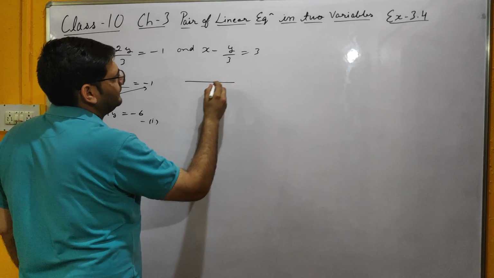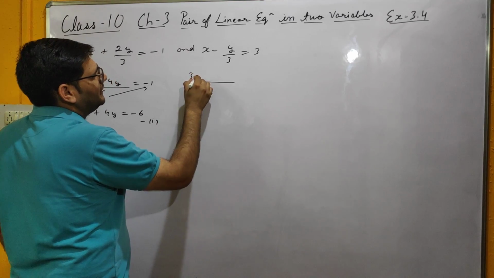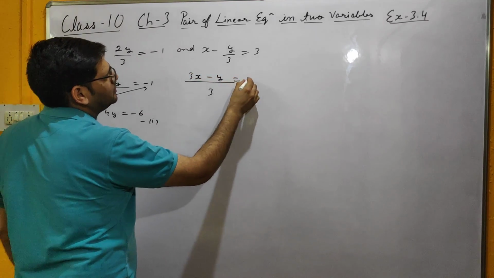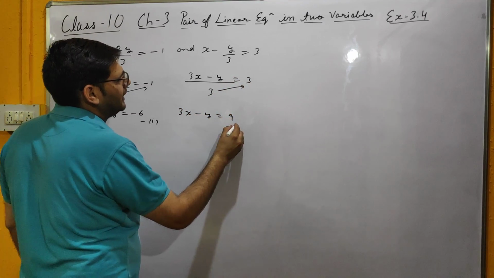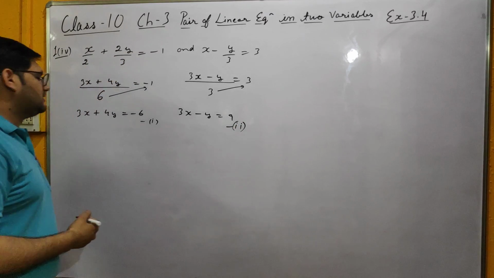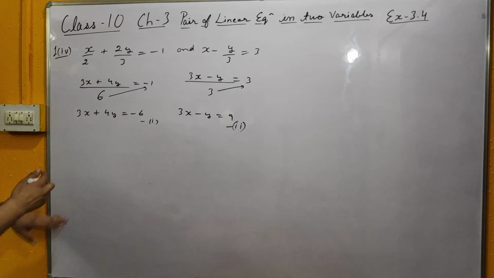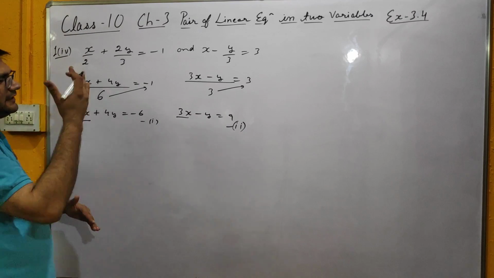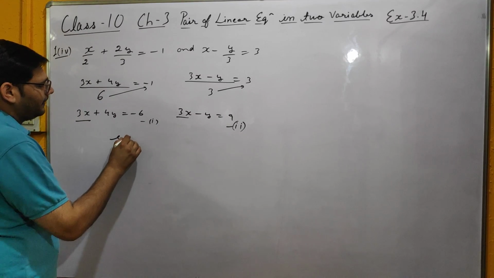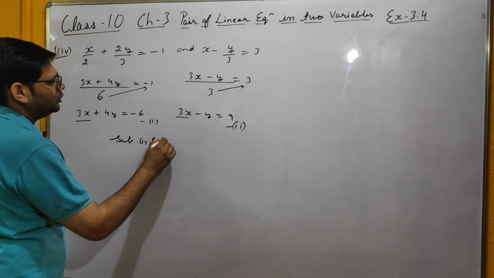Next, take the LCM, 3. So 3x minus y equals 3. Multiply it. So 3x minus y equals 9. This is our second equation. So luckily 3x and 3x, here the values are the same. So directly just subtract them. Subtract 1 and 2.